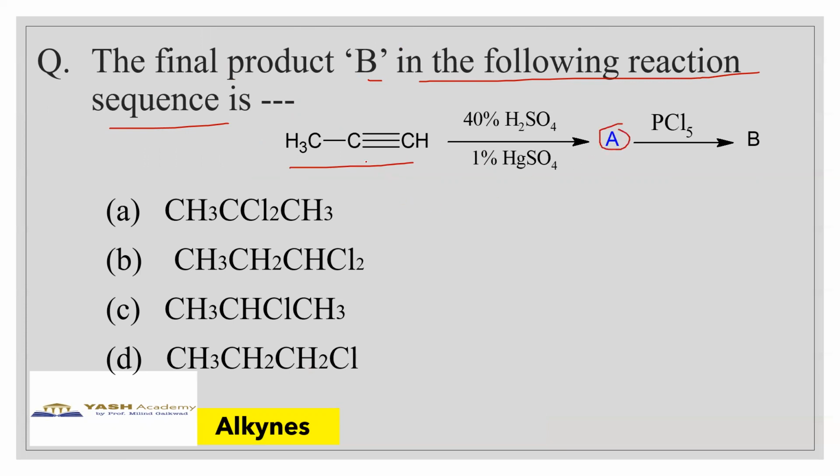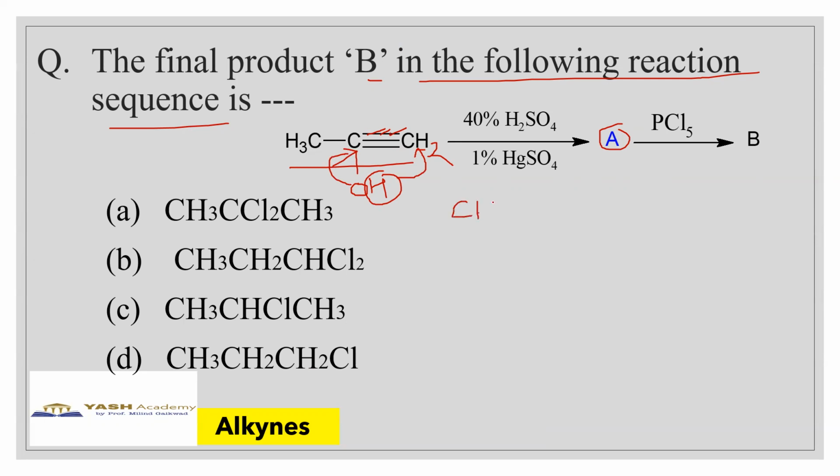Here one bond of the triple bond breaks, so there is formation of such an enol. Aqueous H2SO4 adds a water molecule, but this enol is unstable, so there is a shifting of H and formation of a double bond.